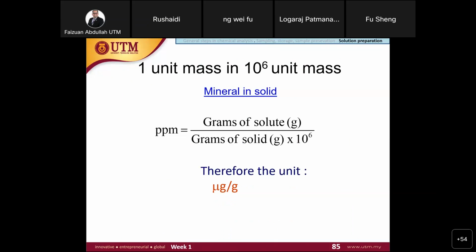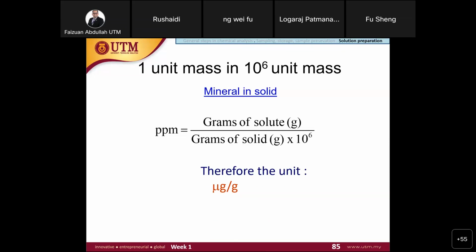Because part per million means 1 divided by 10 to the power of 6. So if the unit is gram, 1 gram divided by 1 million gram.